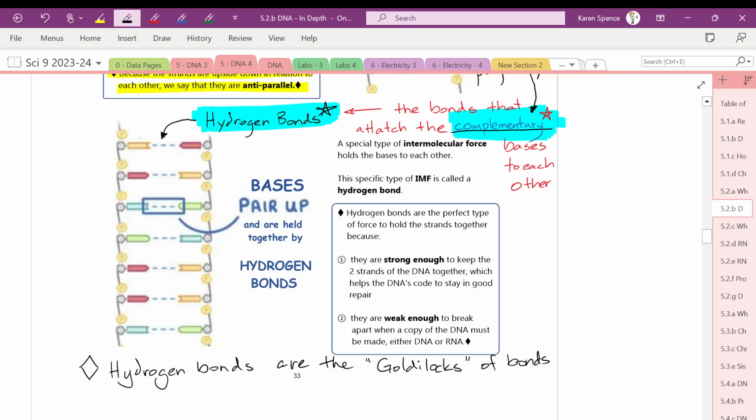And I apologize if this is not part of your cultural background and you've never heard of Goldilocks. There's this little story about Goldilocks and the three bears. Goldilocks is this little girl, and she goes into the house that belongs to the three bears, who are out for their morning stroll, but they've left their breakfast on the table.